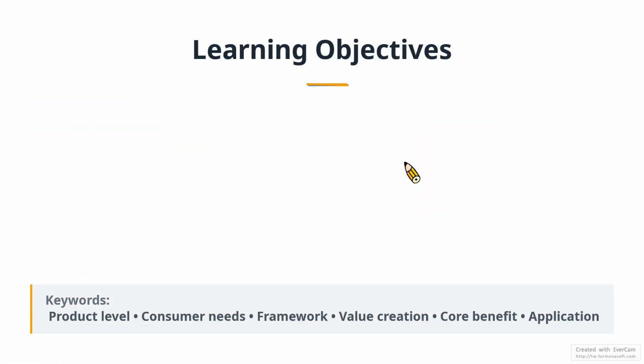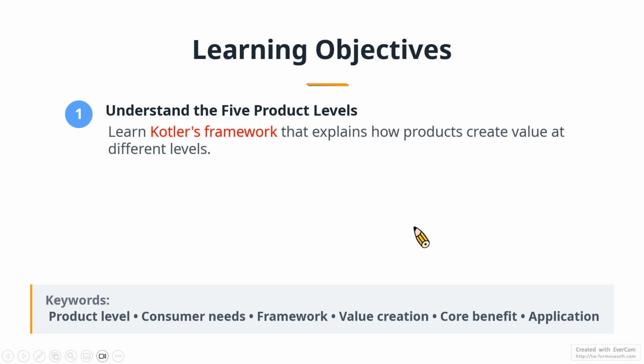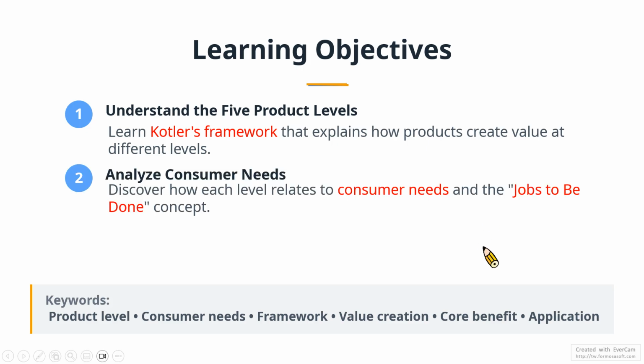In this lesson, you will first understand the 5 product labels. We will learn Kotler's framework. Let's explain how products create value at different levels. Second, we will analyze consumer needs. Discover each label related to consumer needs and the job to be done concept.